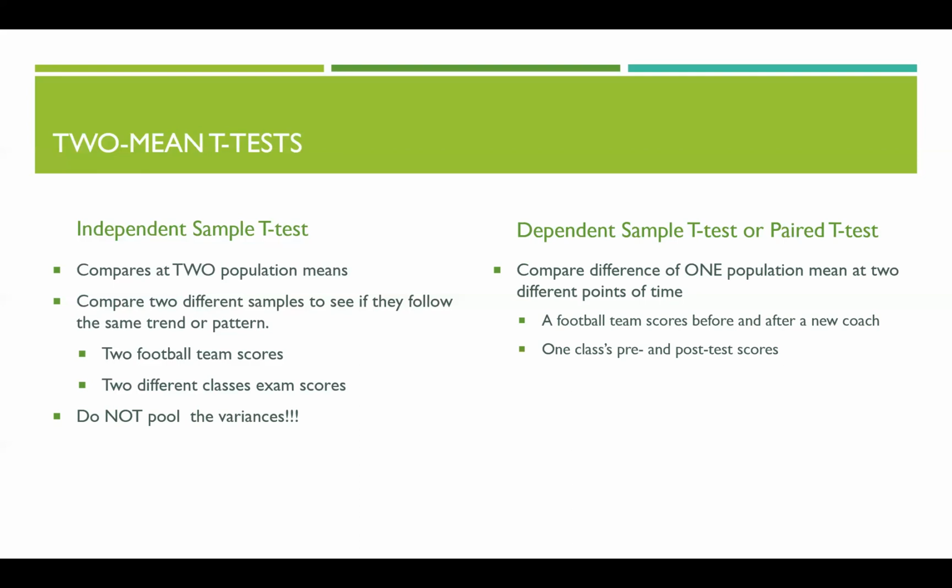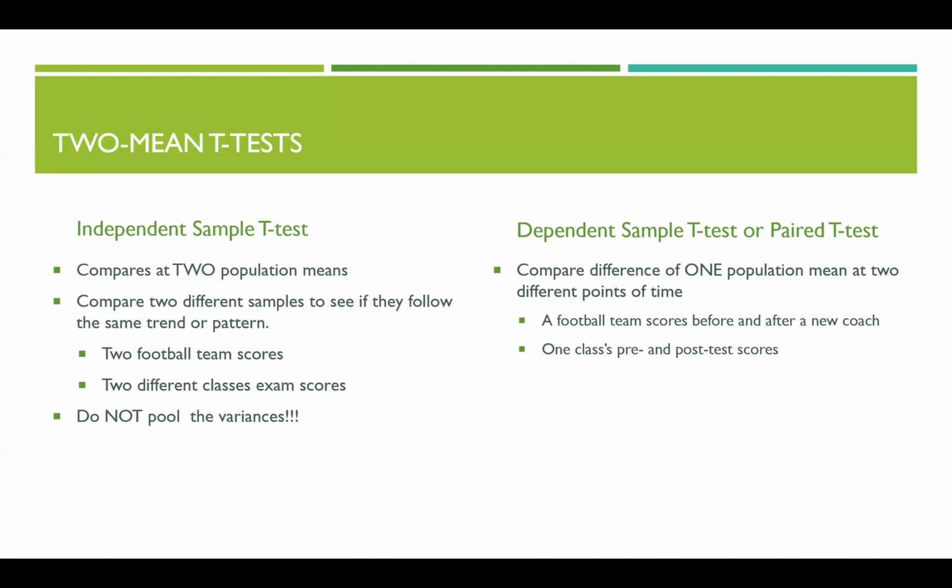So for a dependent test, you have one variable, one population, but you've collected data at two different times, kind of like pre-test, post-test. I could look at the scores at the beginning and the scores at the end, pre-test, post-test, for one class.